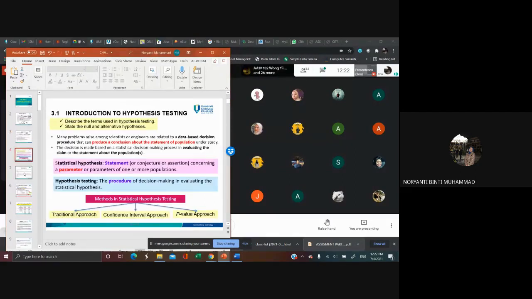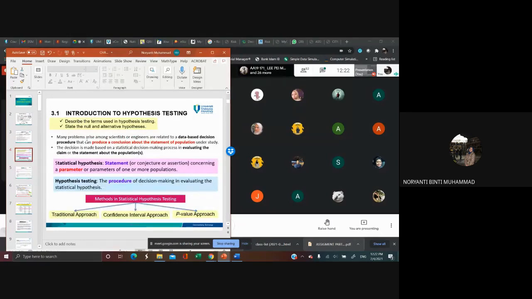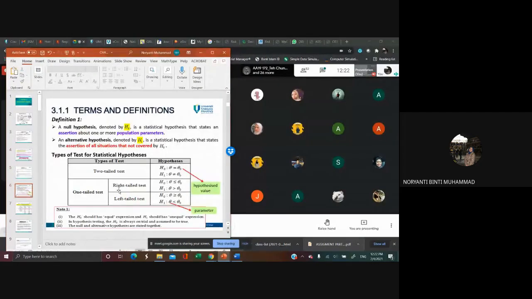So basically here, the introduction. I know that you have read this, but I want to highlight this part. This we call the hypothesized value.